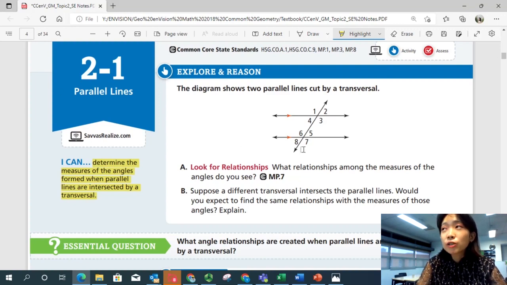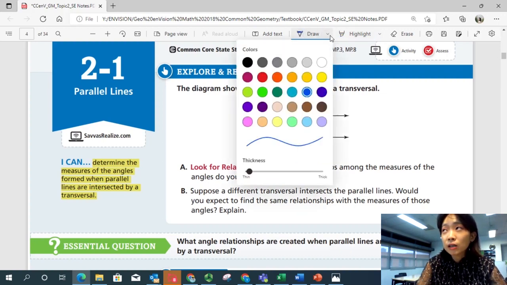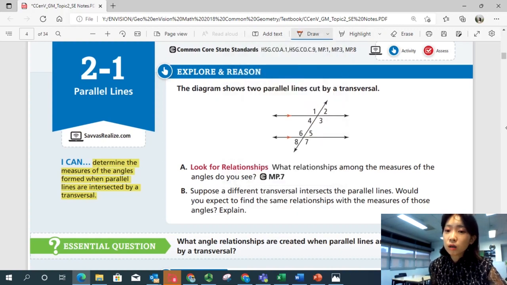So if you measure it with a protractor, can you figure out the exact angles of them? Yeah. So the measure of each angle would be either 58 or 122.